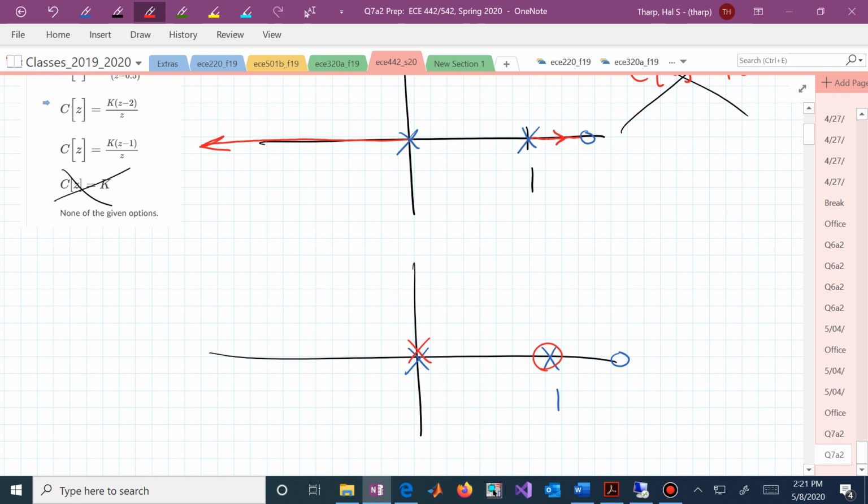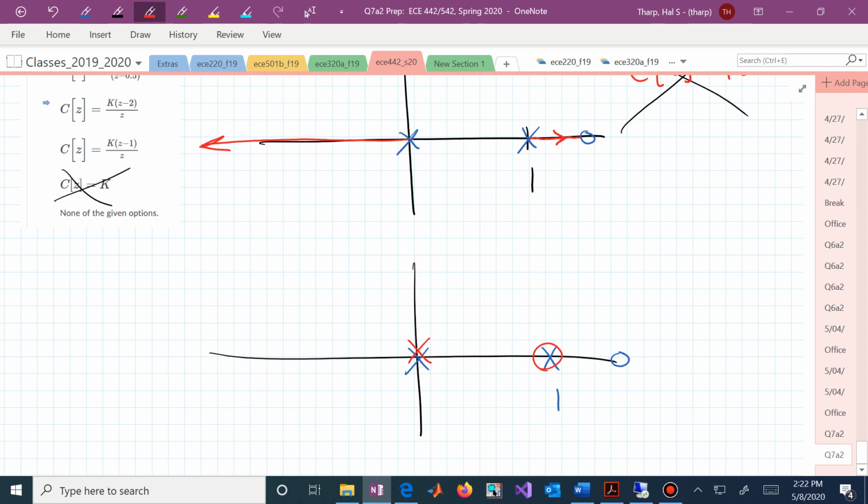Well, if that pole wasn't on the stability boundary, this might be an okay choice, but because that pole is on the unit circle to begin with, we can't cancel anything, poles or zeros, that are either on the unit circle or beyond the unit circle.